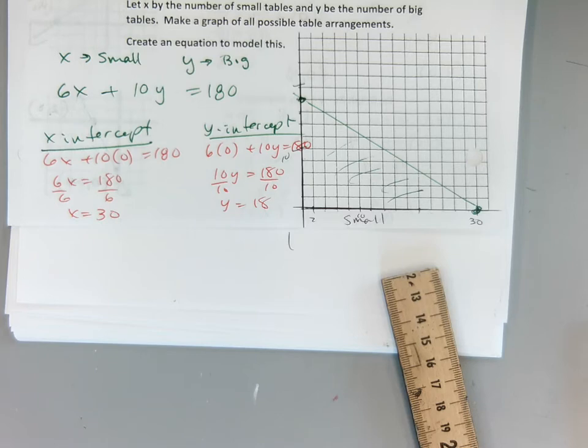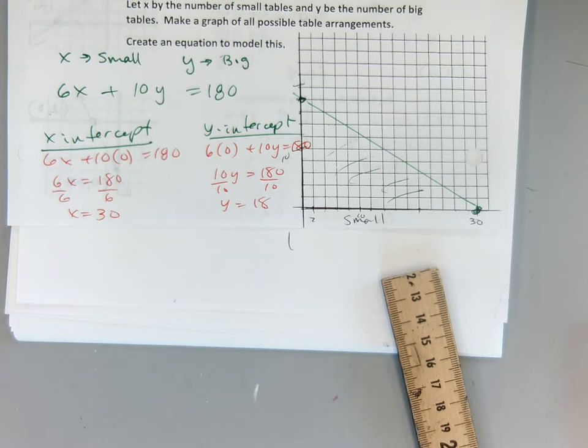Because you may choose, okay? Michael, you may say, let's use 4 small tables and 16 big. Okay.